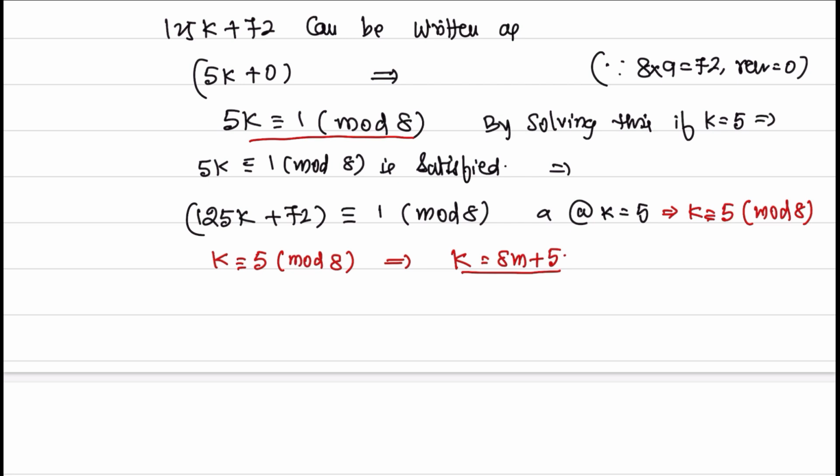Now, if you substitute this k value in the main equation, what happens? 125 into (8m plus 5) plus 72 equivalent to 1 mod 8.